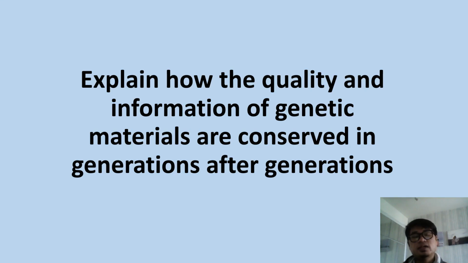Okay, so I hope that you can explain how the quality and information of genetic material are conserved generation after generation. From the beginning of this lecture, I have told you that the structure of the double helix itself conserves the nitrogenous bases inside in the middle part, because they cannot be damaged since they are covered by the phosphate backbone at the outer part of the double helix.